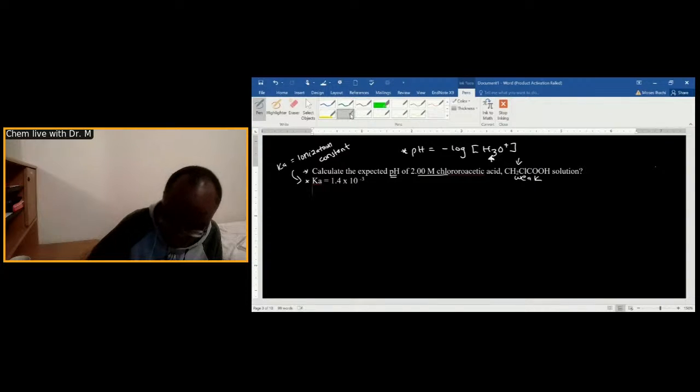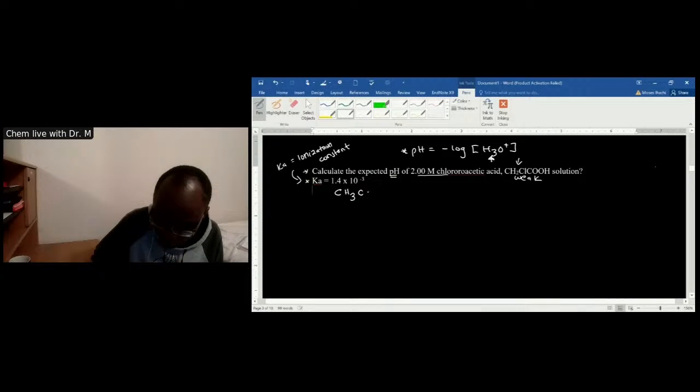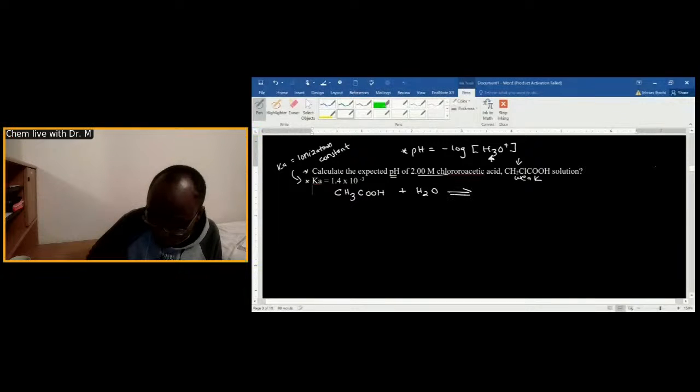So how do we start? The first step is to write the chemical reaction that's taking place here. We're going to use equilibrium arrows again because this is a weak acid, of course, based on the Ka.